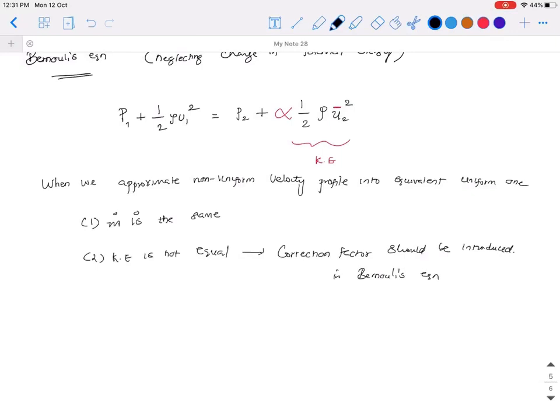That is what we have done here: we multiplied the kinetic energy of the equivalent uniform profile by alpha, which takes this correction into account. In the tutorial we will solve one problem to quantify the error we will get by not introducing alpha.